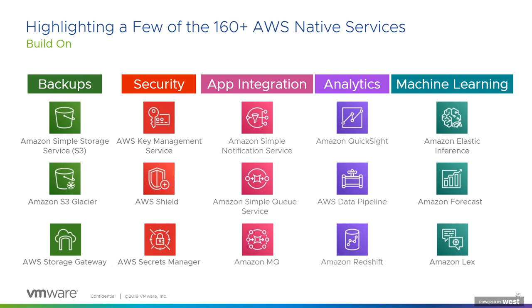We have also seen a lot of customers moving to the machine learning phase. We have Amazon Elastic Inference, Amazon Forecast, and Amazon Lex, which are quite popular with data warehouse workloads running on VMware Cloud on AWS.